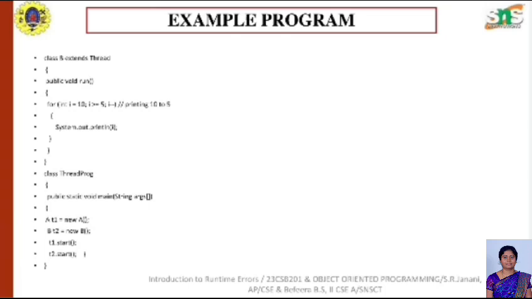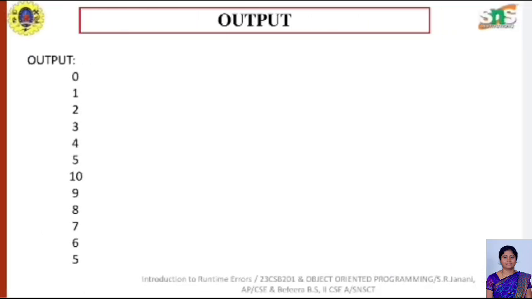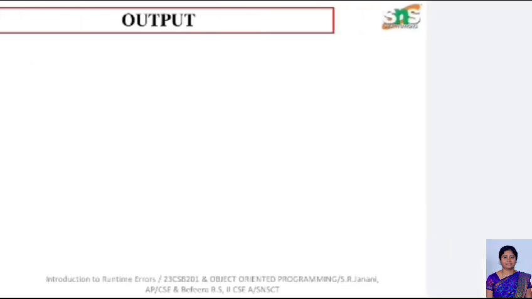And at last we create a main class, ThreadProc. In that we create an object for class A and class B, and we call them through the start method. So in the output, they will be executed concurrently, and it gives different output for different executions of the program. Thank you.